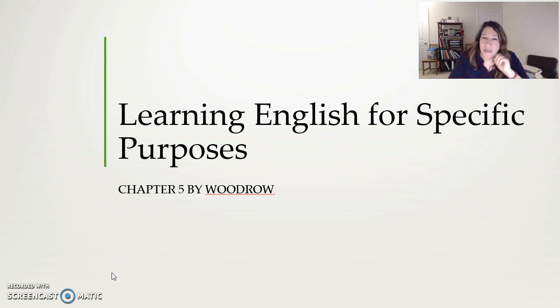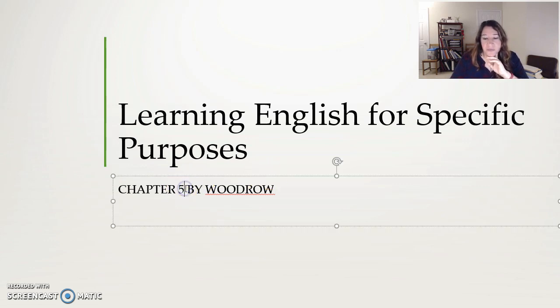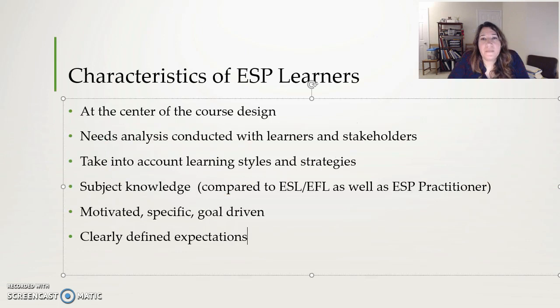So today, what I'll be discussing is Learning English for Specific Purposes, Chapter 6. Actually, it's not Chapter 5, my bad. Chapter 5 is covered by Jia Rong, and we will be your cool discussion leaders this week.